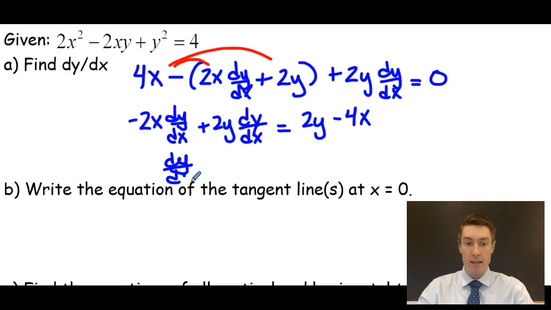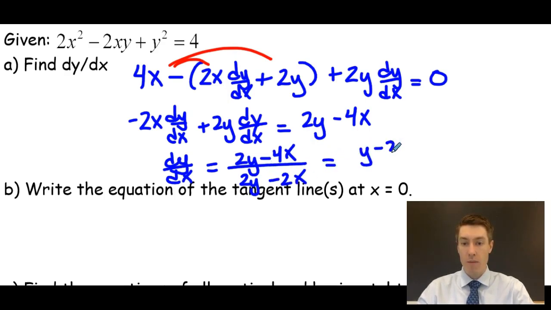And we get dy/dx equals, so we're factoring out the dy/dx and dividing in the same step, 2y minus 4x over 2y minus 2x. So we could simplify that to y minus 2x over y minus x. Makes evaluating the derivative a little bit simpler.